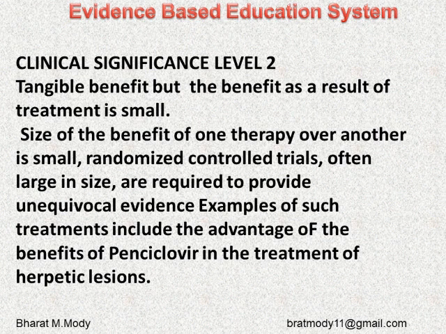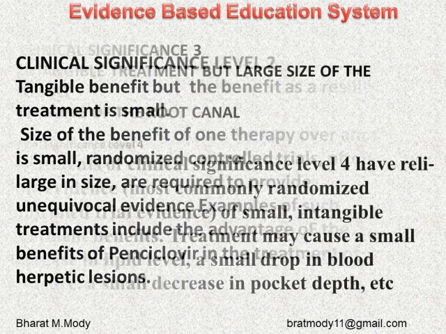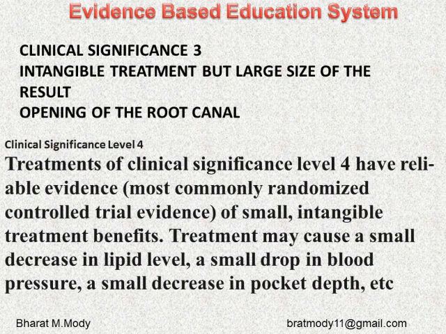So, using penciclovir in treatment of herpetic lesions, the effect may not be so dramatic, but the patient can see that the ulcers have gone, but the pain may not go down as quickly as is required. So that is the most important finding: this is level 2, where the tangible benefits are there, but the treatment effect is smaller than in the first.